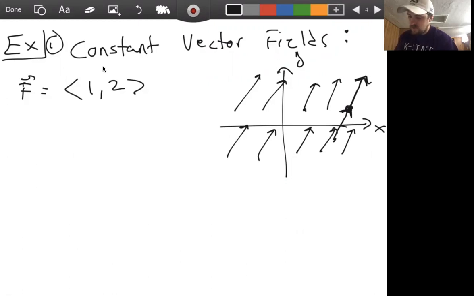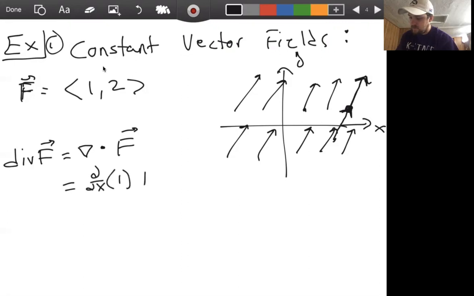Nice Pearl Jam reference there. It's an even flow. But we can see this by calculating the divergence. Let's calculate the divergence of f. Just to hammer in the idea that the divergence is the gradient dot the vector field, this is the partial derivative with respect to x of 1 plus the partial derivative with respect to y of 2.